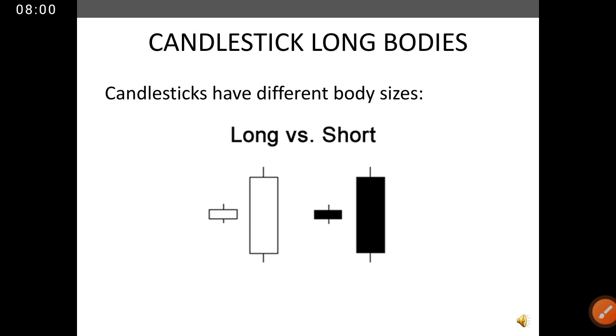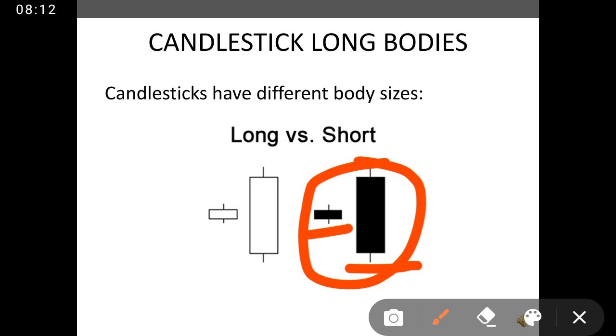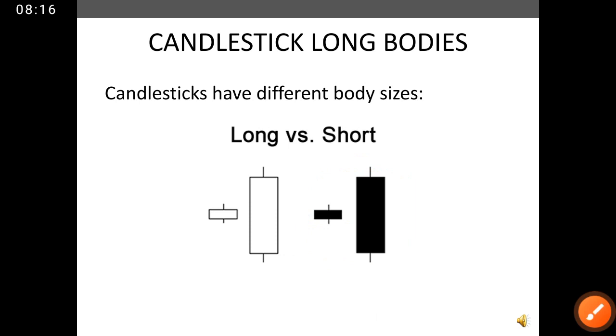Same with these black ones. Long versus short. You see the 2 of them, this small one and this big one. They represent something. When you see a long candlestick, it means either the buyer or the seller is aggressive. Now, let's continue.